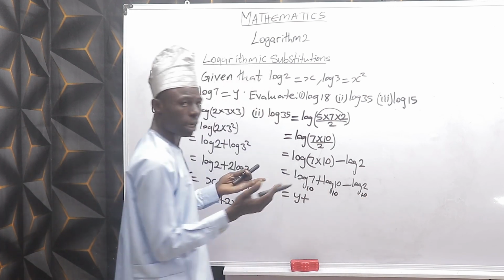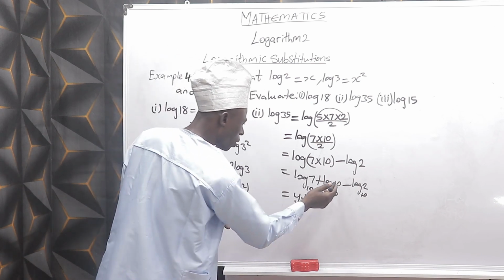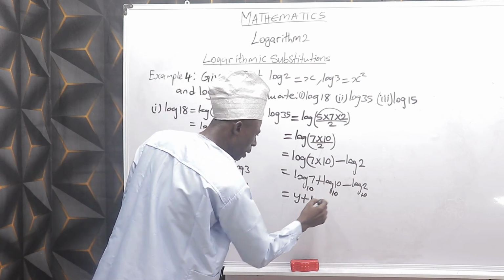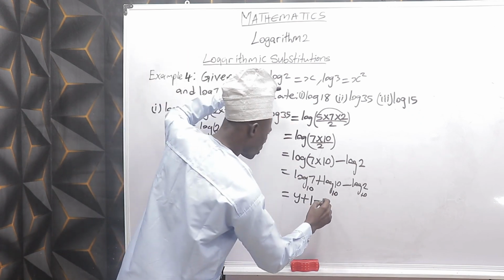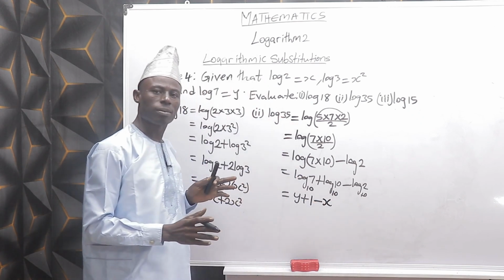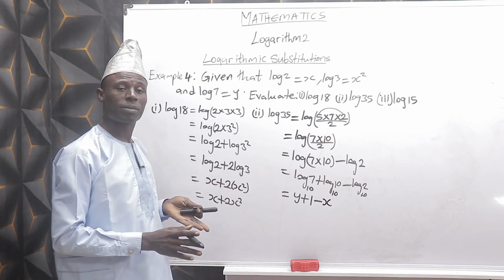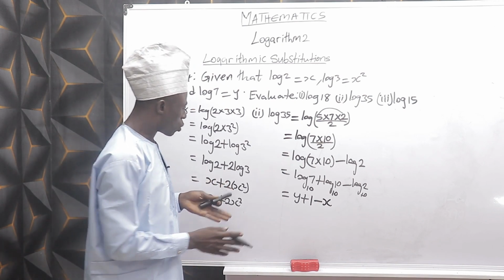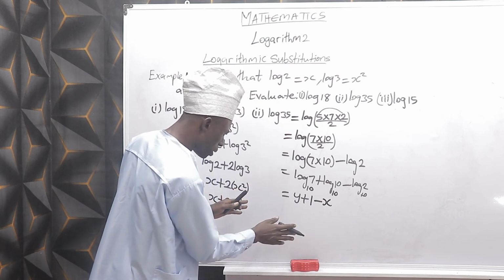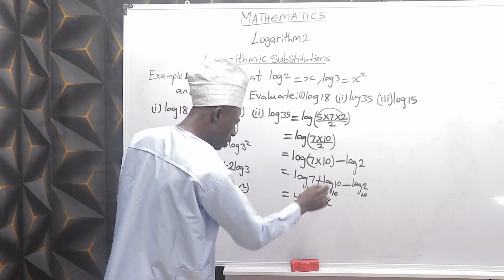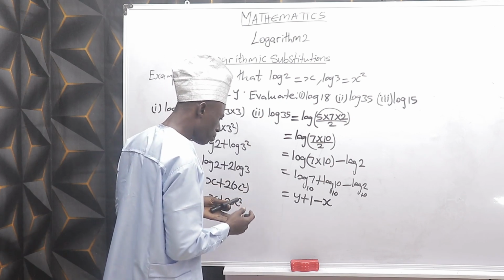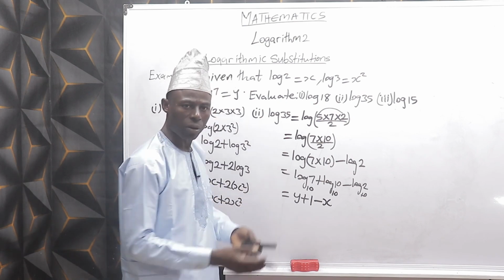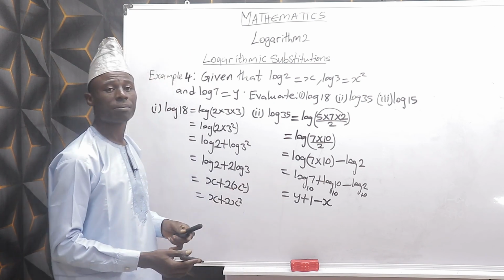Put it there so that you can know what you are doing. Log 10 base 10 is 1. Then minus log 2 is x. That is the answer. It could be arranged in different ways. It could be y minus x plus 1. It could be 1 plus y minus x. Anyhow, but that's the answer.